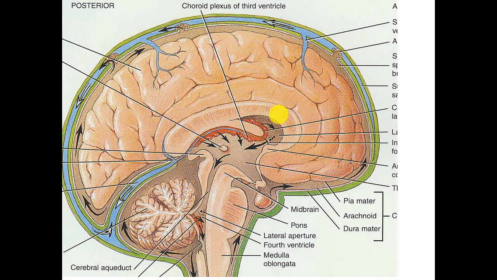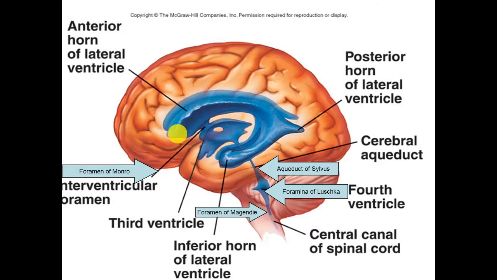That interventricular foramen is a connector that connects our lateral ventricles to the third ventricle. See, right here is a connector. And it's kind of cut off here, but it says interventricular foramen. That is a connector.